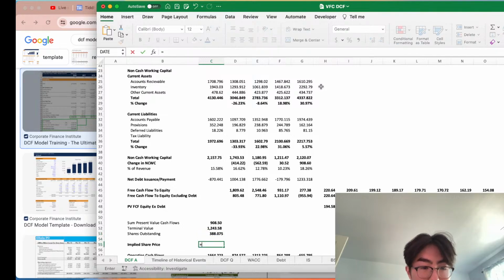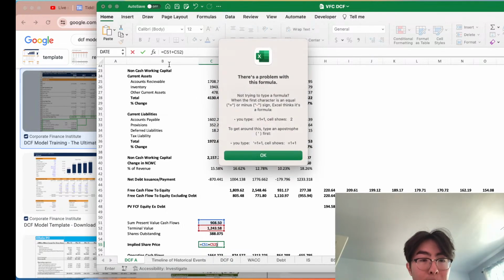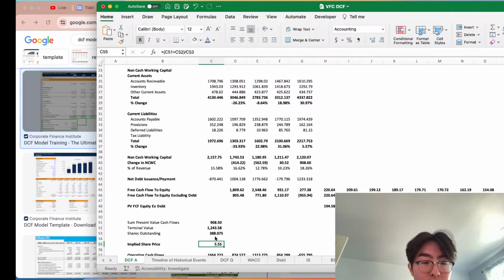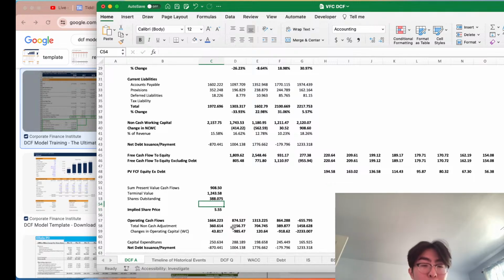So implied share price is equal to, let's add the present value of cash flows, and then we divide by our shares outstanding. So according to our model, the implied share price is around $5.